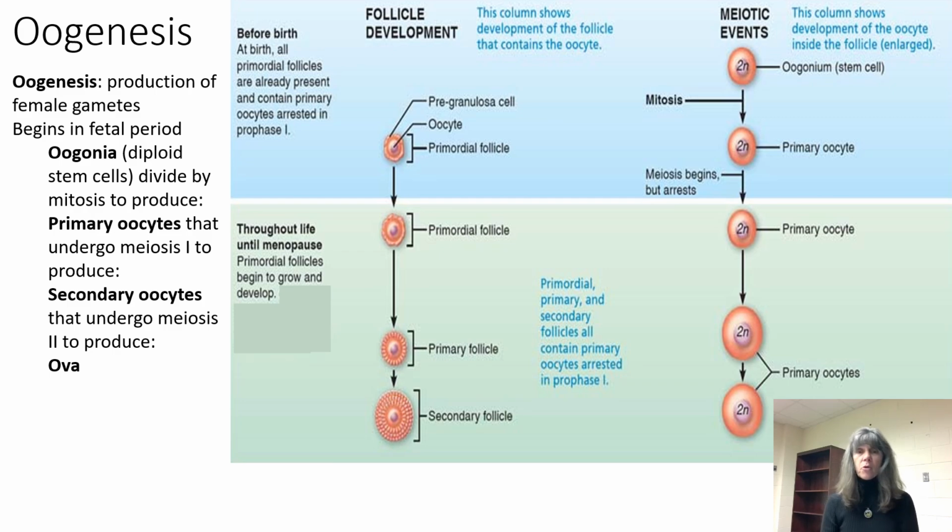And so the primordial follicle contains a primary oocyte. It is surrounded by simple squamous epithelium that makes up follicle cells, which are sometimes also referred to as pregranulosa cells. And throughout life, all the way up until menopause, those primordial follicles will begin to grow and develop.